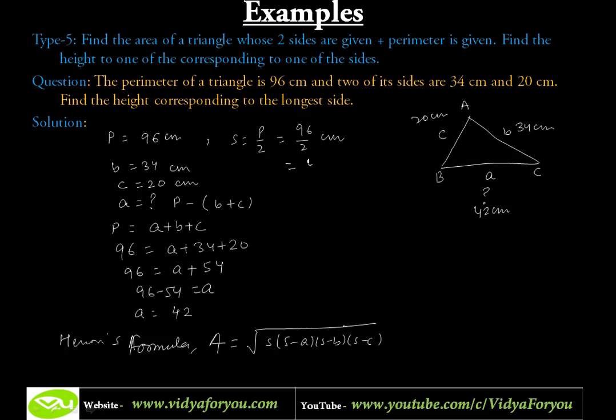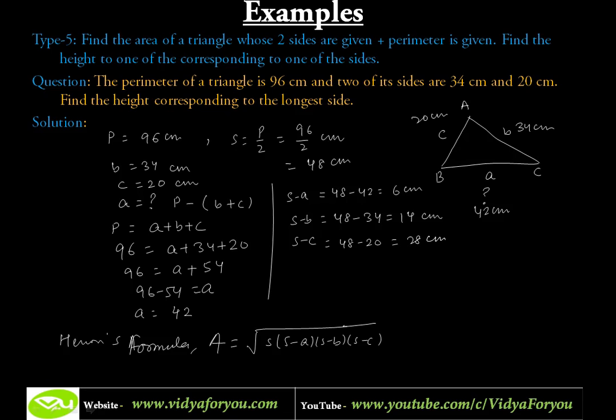That will be 48 centimeter. Now s minus a, s minus b, s minus c, we will find separately as we did in the earlier example. So s minus a, 48 minus a, 6 centimeter, 48 minus b, 14 centimeter, 48 minus c, 28 centimeter.